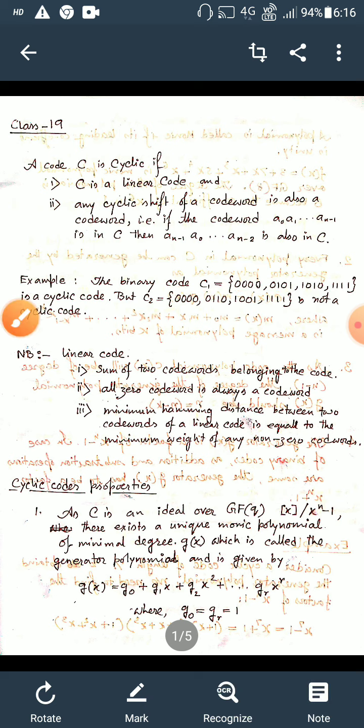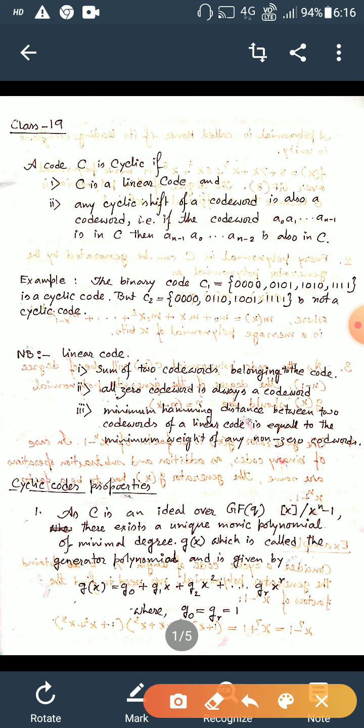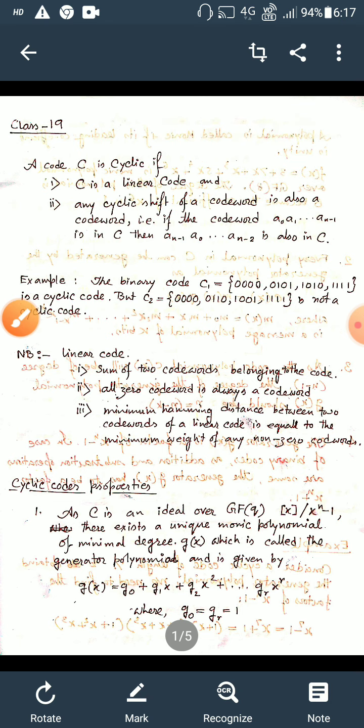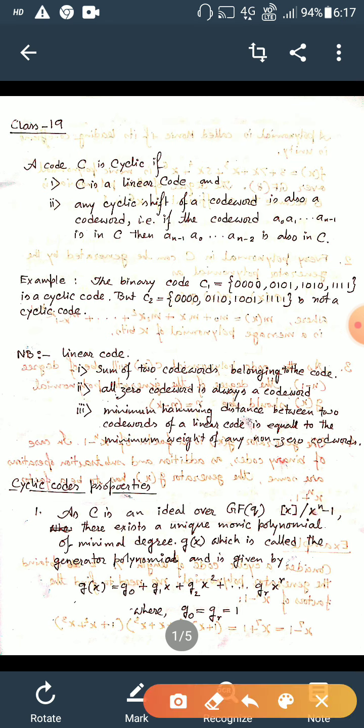Now for another one, let the second code word be 0101. If you shift or rotate, the value becomes 1010, so this is also a code word of C. Now consider 1010, the third code word.